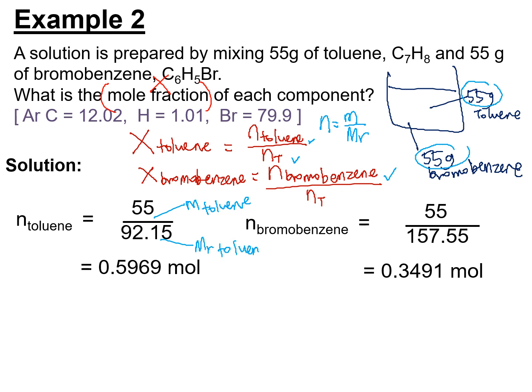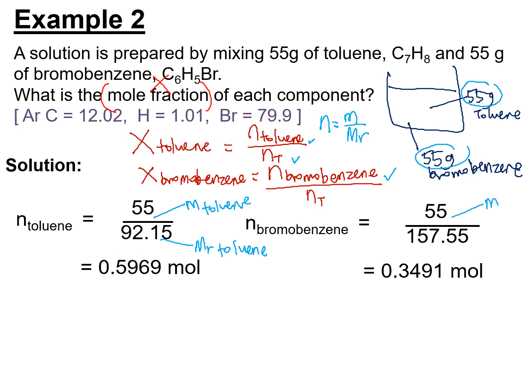Toluene kan adalah C7H8. So you kira lah molar mass for C7H8 and you will get 0.5969. Next is you cari number of mole of bromobenzene. Okay, sama juga sebabkan you guna equation number of mole is equals to mass over molar mass.